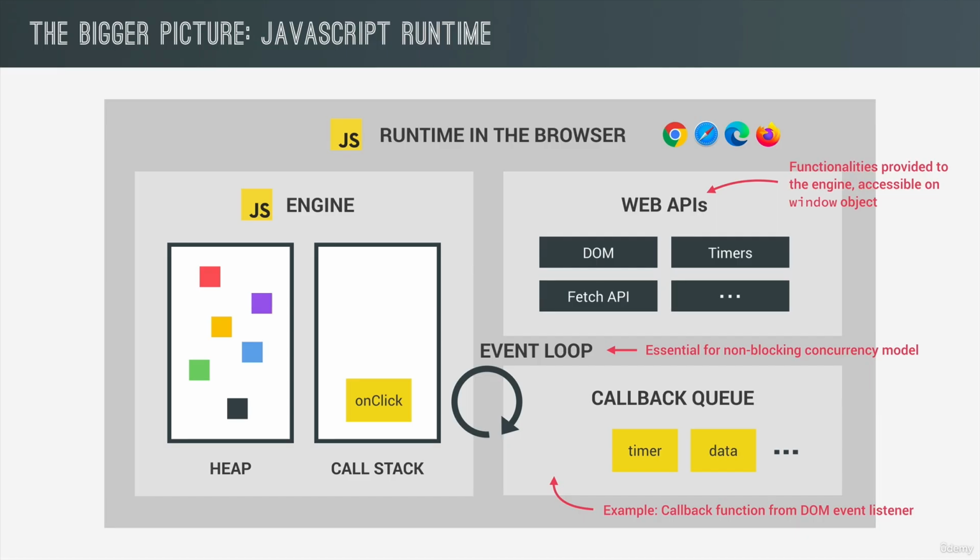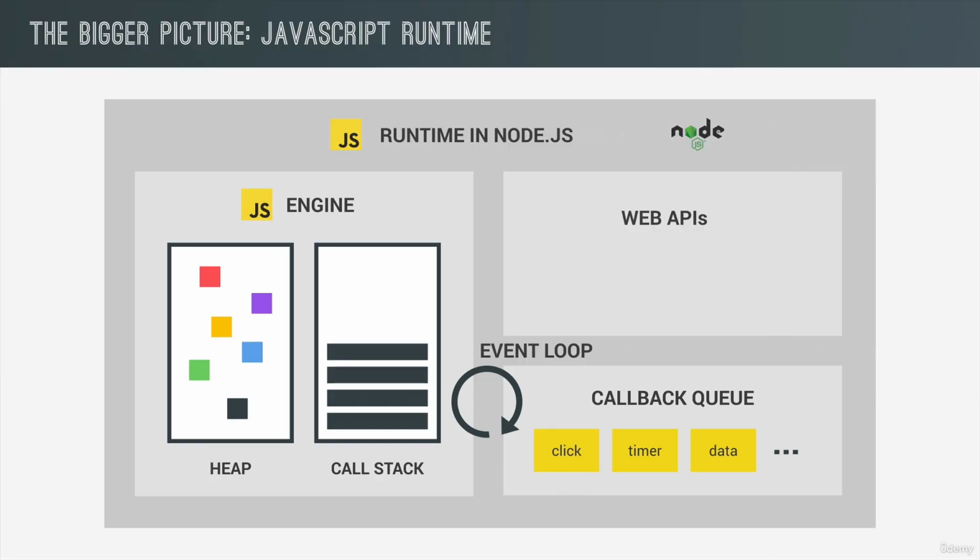All right. So, as I already said, the focus in this course is on JavaScript in the browser. And that's why we analyzed the browser JavaScript runtime. However, it's also important to remember that JavaScript can exist outside of browsers, for example in Node.js. And so here is what the Node.js JavaScript runtime looks like.